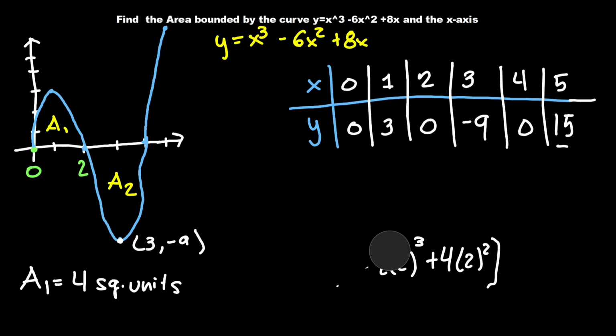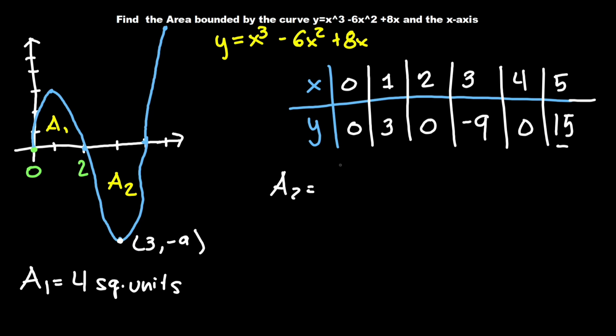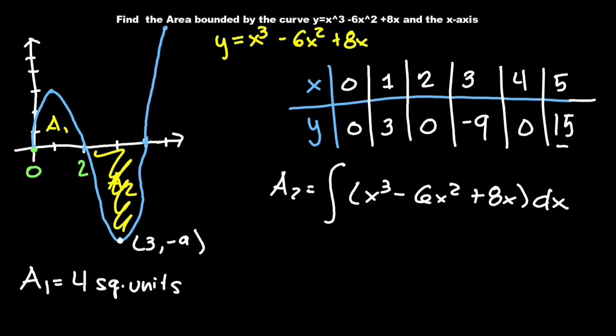And so let us move on to this other area, which is area 2. Area 2 would be equal to the integral of this curve again, which is x cubed minus 6x squared plus 8x dx, with the upper limit of, since this is the area which we're talking about, this would be 4 and this area, which is 2.